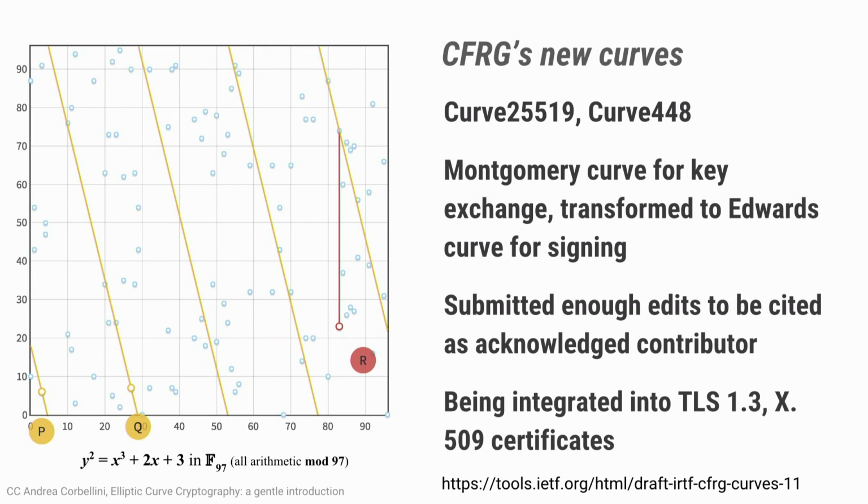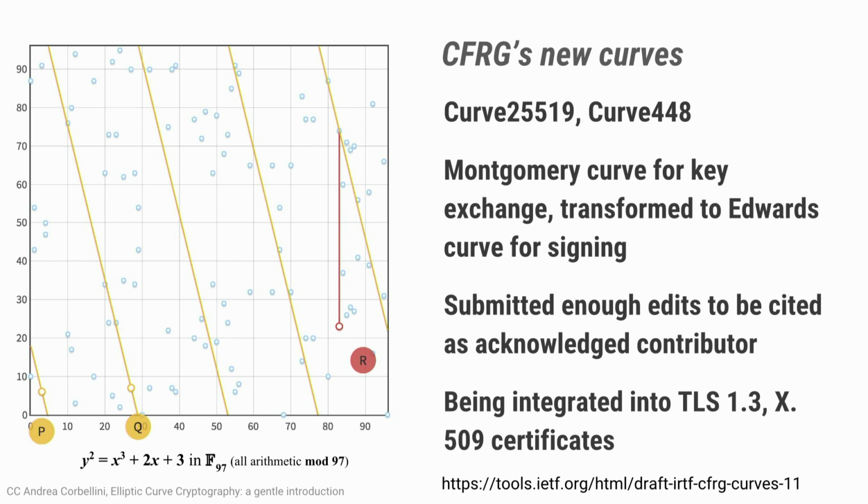Great. So in this context, the CFRG, the Crypto Forum Research Group, decided to propose new elliptic curves for recommendations in TLS and other security protocols that would use it. This includes Curve 25519, which has been used in Signal. It's used in iOS. It's used in a lot of applications. It's been pretty battle tested. And then there's another curve that has a much higher security level, but is very similar.